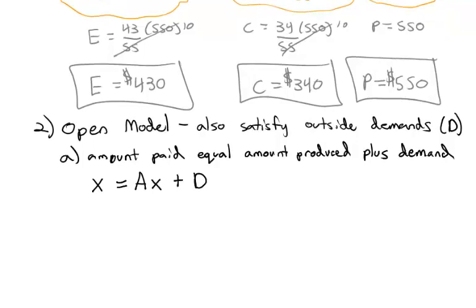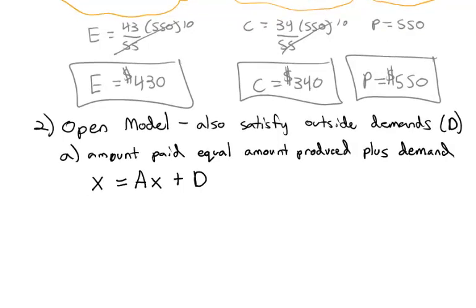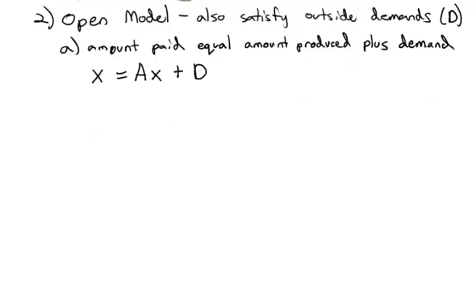So let's solve this equation for the variable. Let's again subtract AX from both sides. That's going to equal the demand. Again, we've got a common factor of X that we can factor out on the right side, because it's on the right side of A. X divided by X is the identity, minus the A matrix equals the demand matrix.